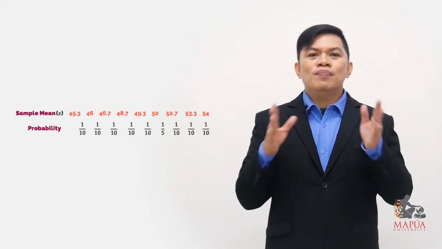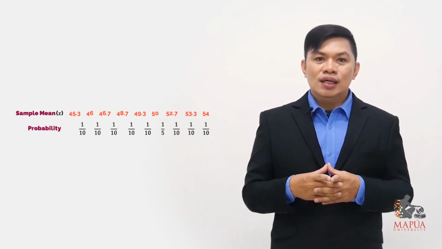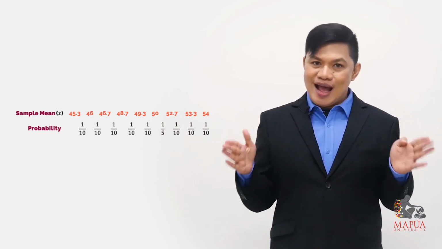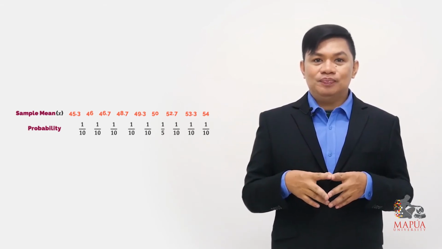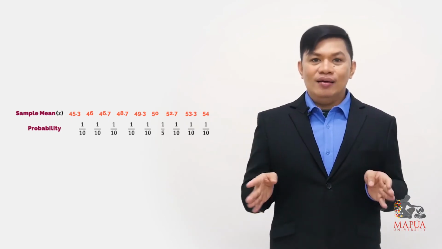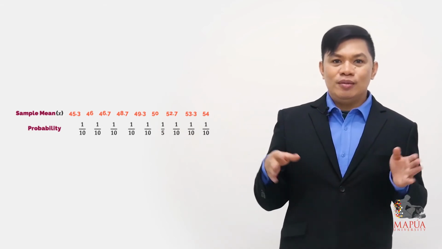Now remember, in our discussion of probability distribution, to check whether you have a valid probability distribution or not, we have to check the sum of the probabilities. And according to the rule, it must be equal to 1. Well, that's easy to see in our constructed probability distribution now.